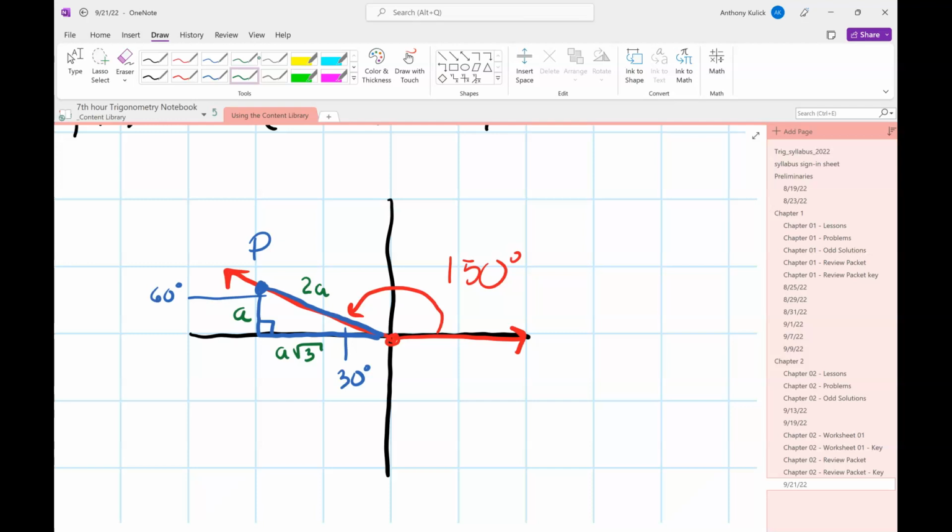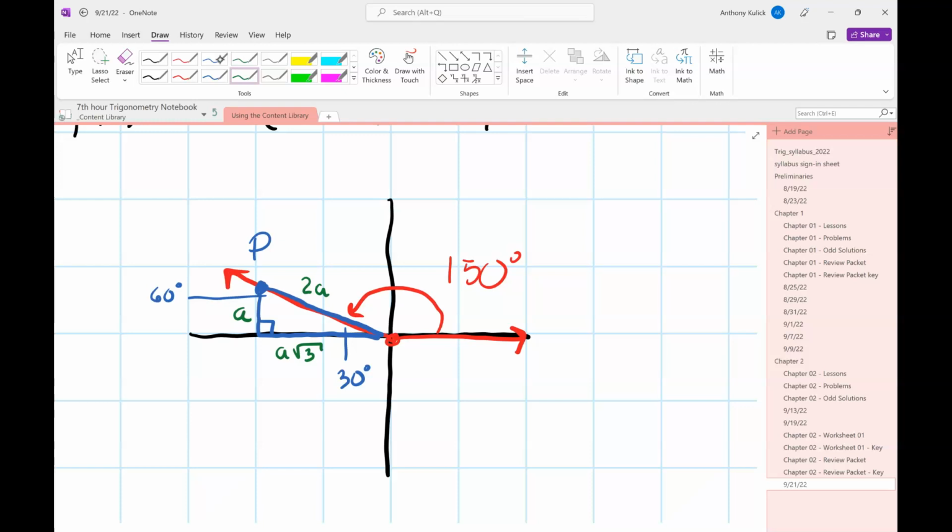But I hate that these little A's are rattling around in here, don't you? So tell me about this point P that we picked. Did we have any restriction on where we could pick P on the terminal side? Did I pick that P any certain kind of way? No. I just pick it wherever I want it to be, right?